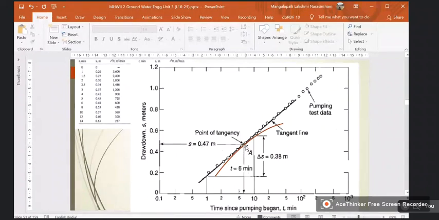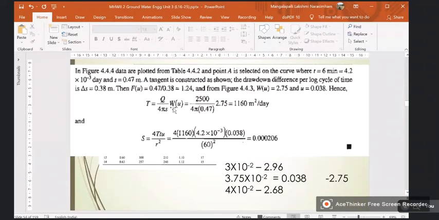Your S is 0.47. So therefore, FU is S by delta S. Small s is 0.47, delta S is 0.38.